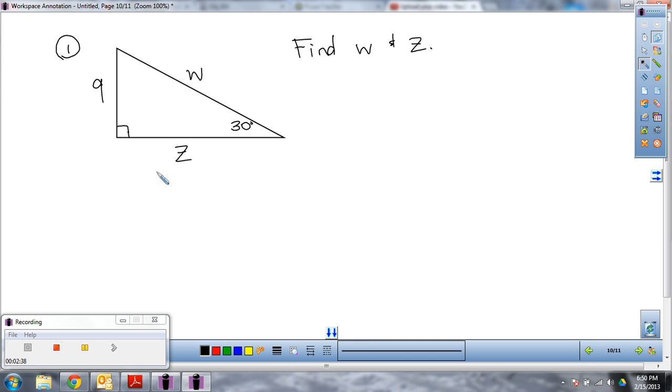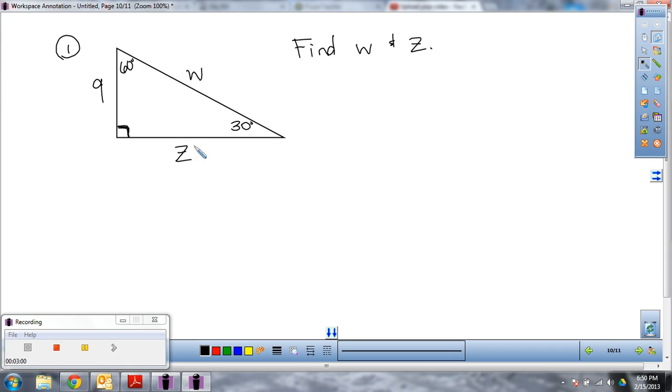The first example is to find W and Z using the diagram given. So again, using the triangle sum theorem, we can determine what this missing angle is, but anytime we see a right angle and a 30-degree measure, we should quickly recognize that the missing angle is going to be 60 degrees.